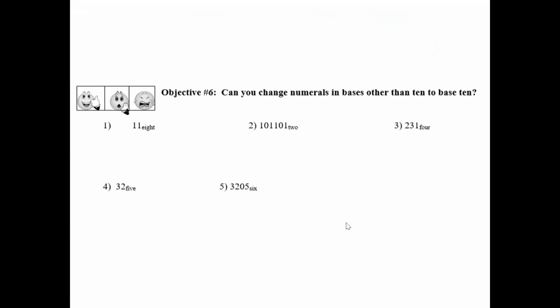Let's go over number 5. Your base is 6, and you have 3, 0, 2, 5. So your place values are 6 to the 0, 6 to the 1, 6 squared, 6 to the third. What you do in this case is take the numbers times the base and the power.